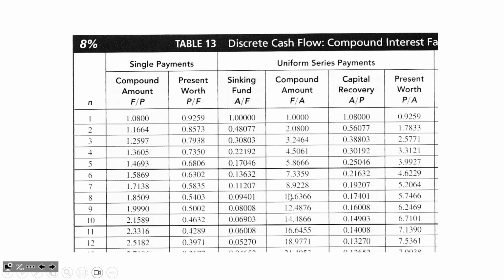Let's not do it for all of them, but let's just say, what if n equals 7? For n equals 7, F divided by P, according to the formulas that we've got, would be 1.08 to the power of 7. Anybody have their calculator handy today?